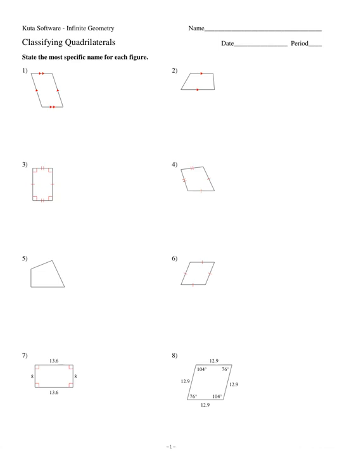So for example, number 6 here, that figure is marked with 4 congruent sides. We don't know anything about the angles, so the most specific name I could give this is a rhombus.